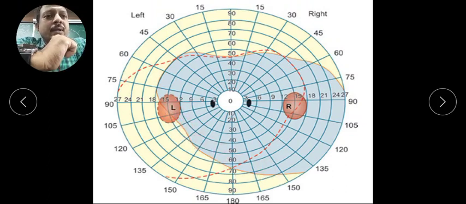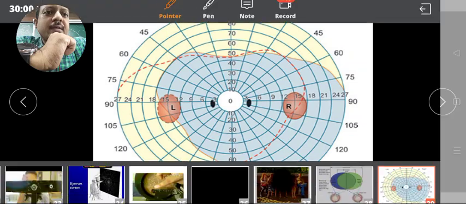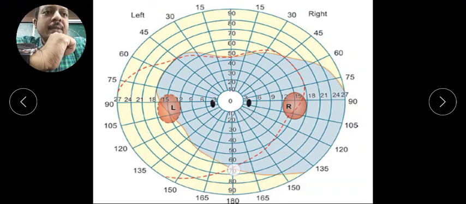Now you have to take another several readings for the left eye, keeping the chin in the chin rest, to record the visual field for the left eye. And you have to join each and every point in the perimetric chart at different meridians to record the visual field for the left eye, and this one is the visual field for the right eye.